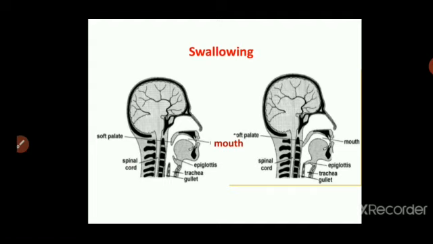Immediately you feel you are able to swallow your saliva when your mouth is empty. That creates a pressure which can push the food into the esophagus. As a result, the bolus reaches the pharynx, from where it passes into the esophagus and finally into the stomach. Okay, so that is how the swallowing process takes place.